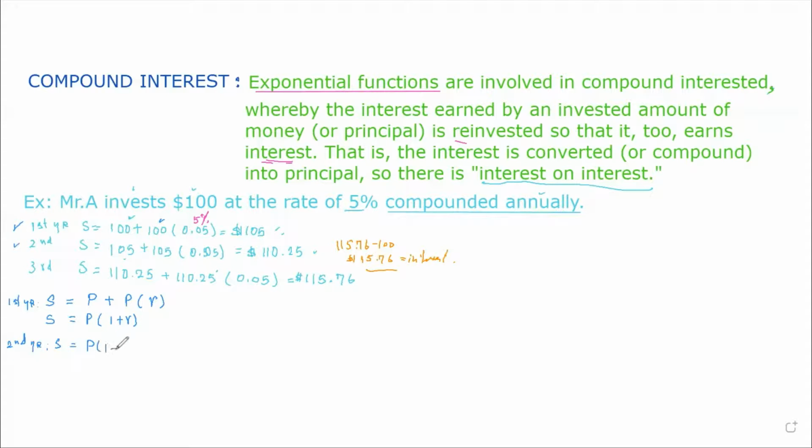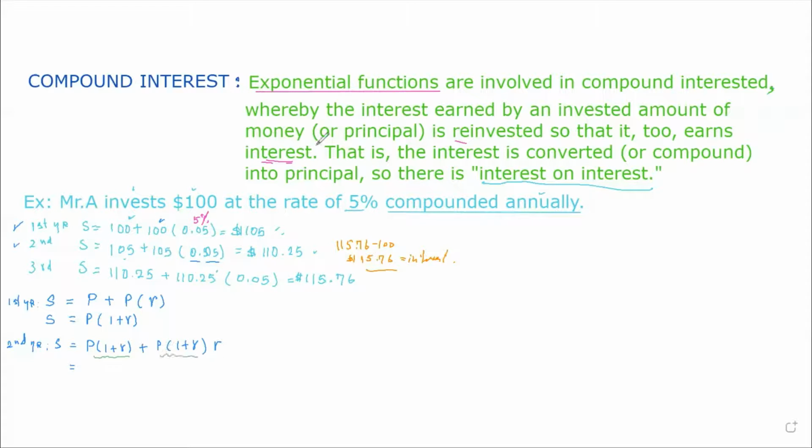Plus 105 times the interest, that is P(1 plus R) times R. From this step you can get a common factor, which is P(1 plus R).